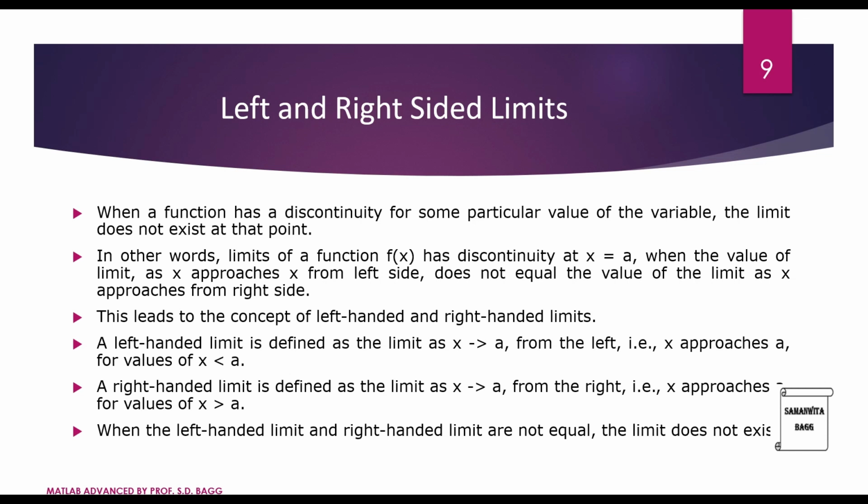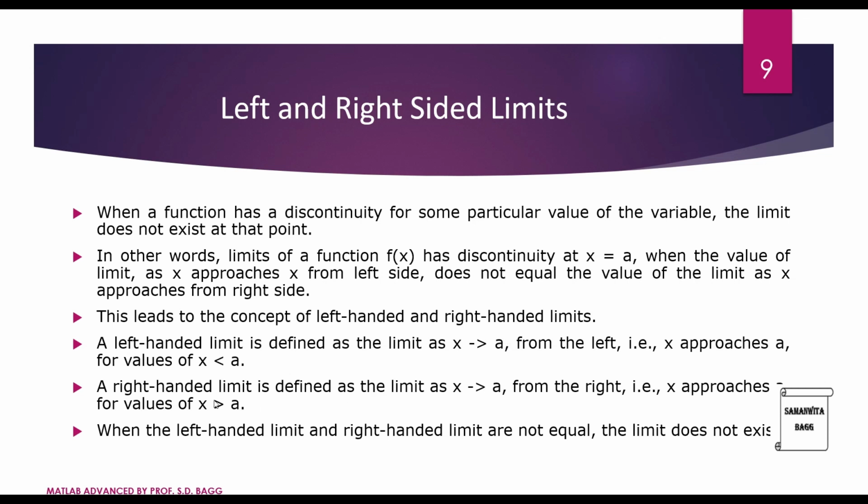This leads to the concept of left-handed and right-handed limits. A left-handed limit is defined as the limit as x tends to a from the left, that is, x approaches a for values of x less than a. In mathematics, we generally represent this as x tends to a with a minus sign.